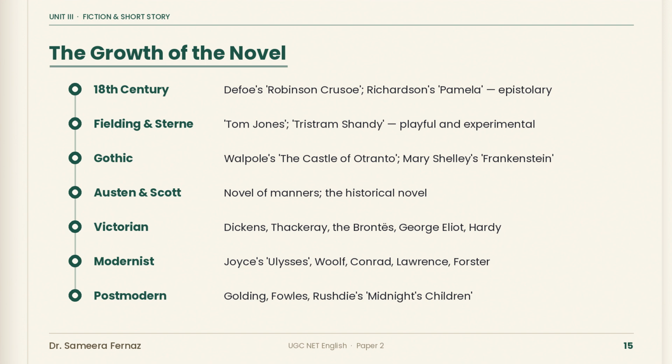Austen gave us the novel of manners and Scott the historical novel. The Victorian age belongs to Dickens, the Brontes, George Eliot, and Hardy. The moderns are Joyce with Ulysses, along with Woolf, Conrad, Lawrence, and Forster. And the postmodern novel includes Golding, Fowles, and Rushdie's Midnight's Children.